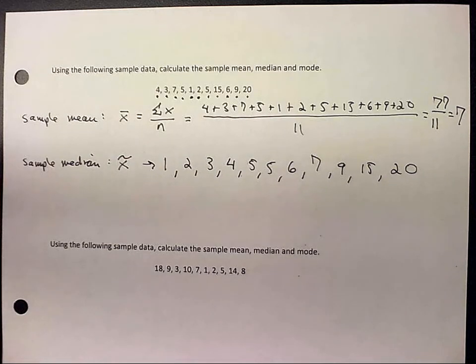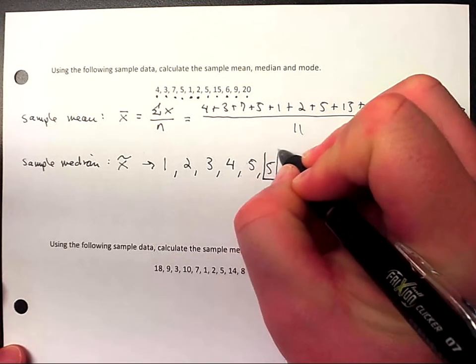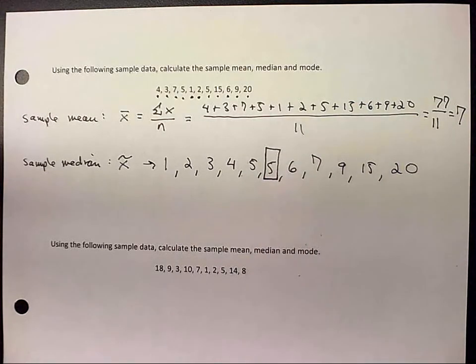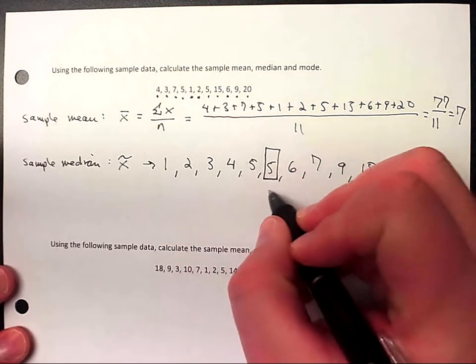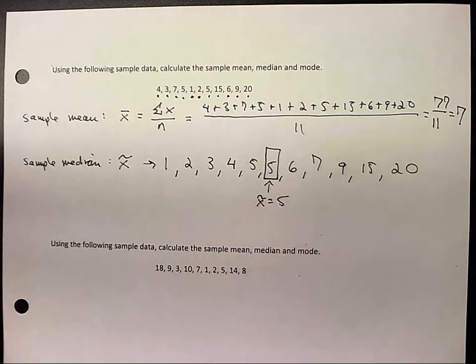Everybody good with this? All right, so now we need to identify the middle number. What number's in the middle? 5. And to be really explicit about it, it's this 5 right here that's in the middle, right? So we have 5 numbers on one side, we have 5 numbers on the other side, so therefore it's this 5 right here that is in the middle. And it's really important to identify this 5 right here as the median.